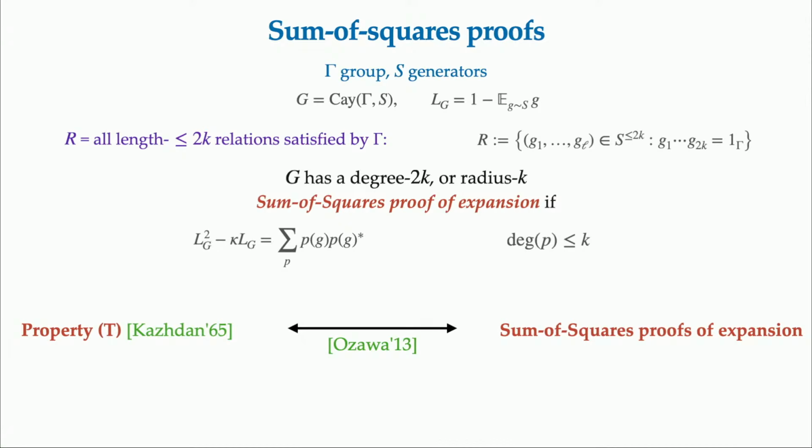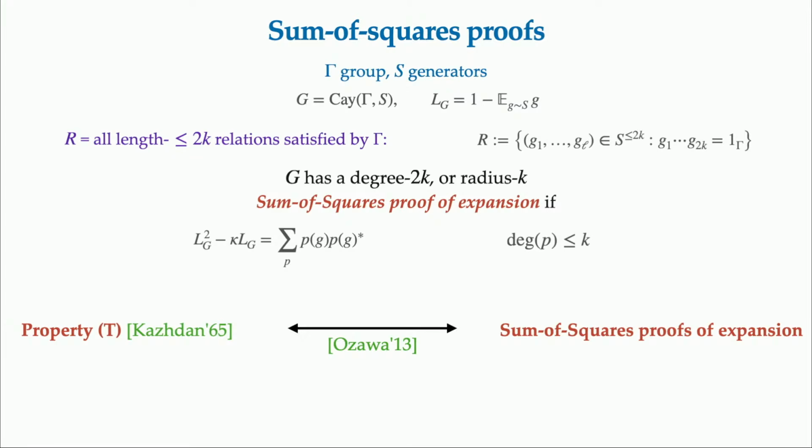So these so-called easy proofs were actually first studied by Kazhdan in '65, and you may have heard it under the name property T, which is some property of the group. I think Alon is going to get into it more in the next talk.